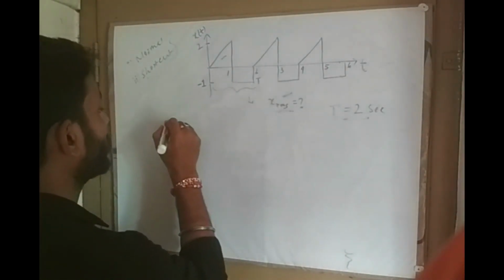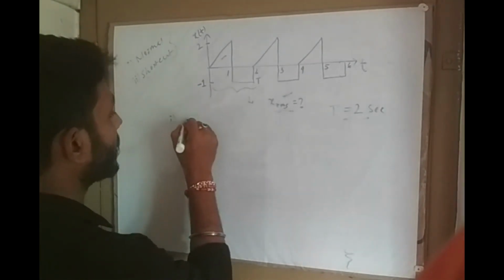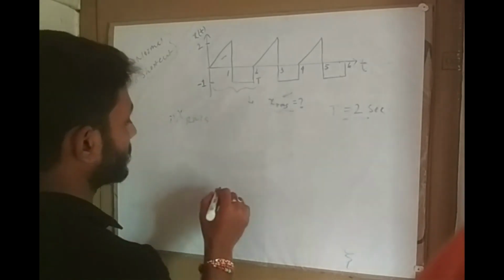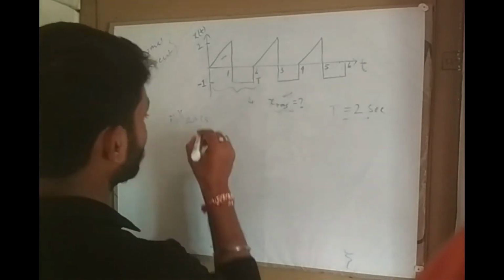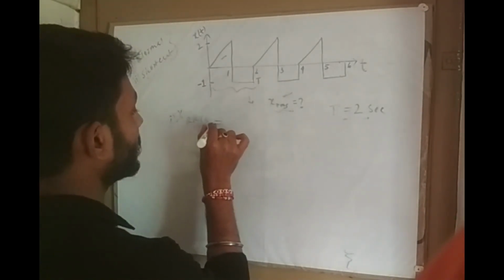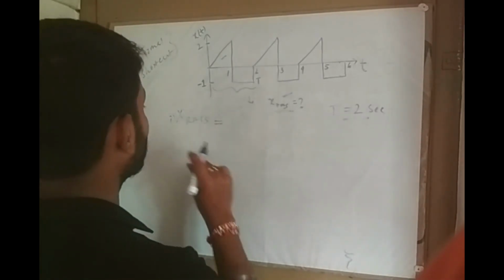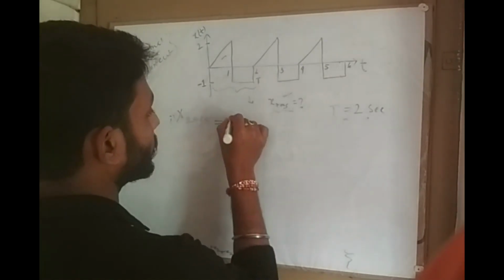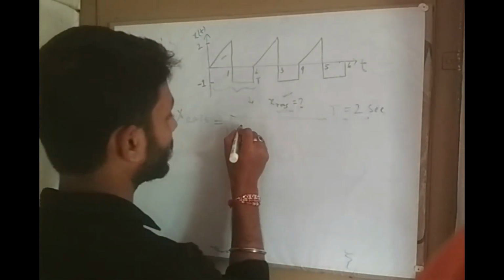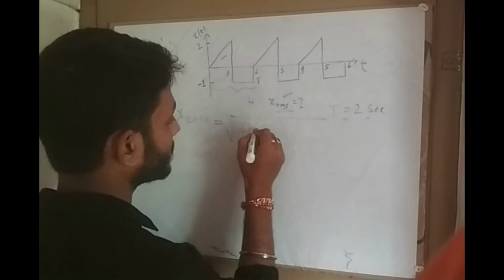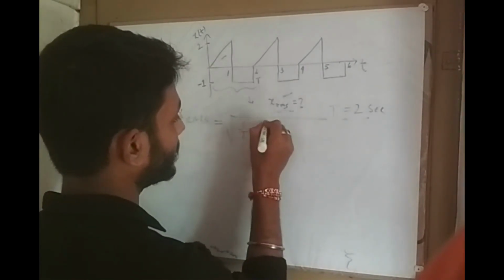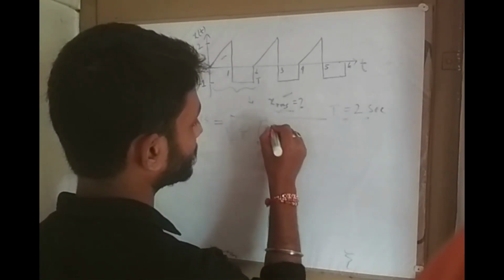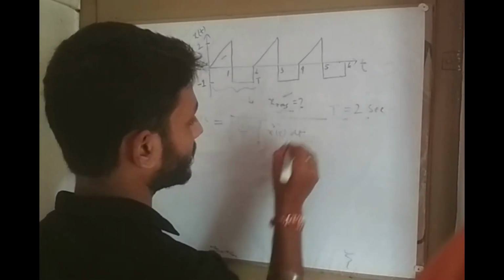For the normal method, the RMS value x RMS equals root over 1 by T integration over T of x of t whole square dt.